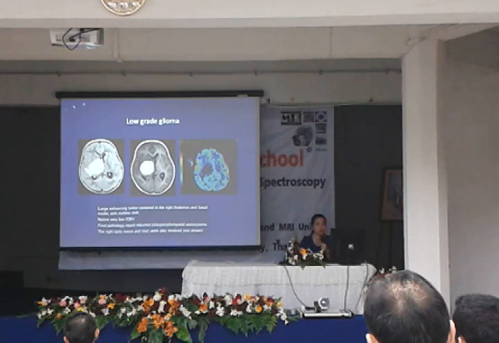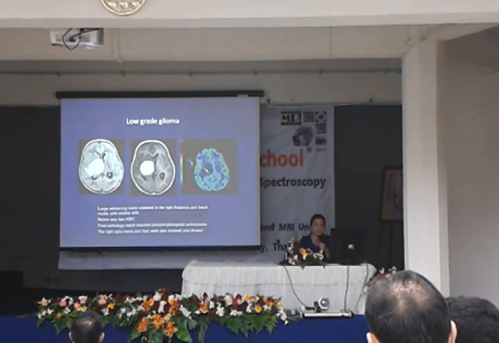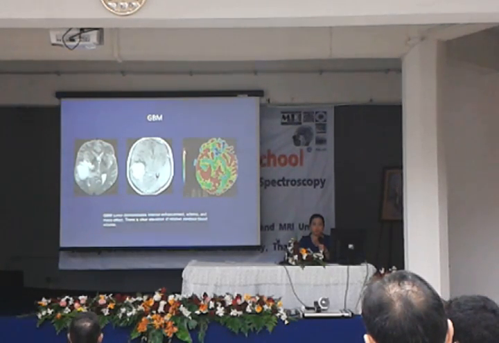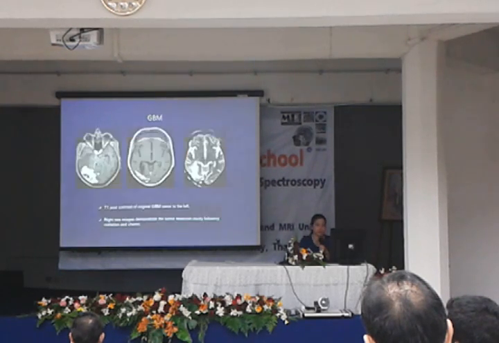For example, in this one, the patient has a mass here, and the perfusion is not high. It's consistent with a low-grade tumor. But this one is different. This one has a mass. On perfusion, we see the area in red color that shows high cerebral blood volume. This one is a very high grade tumor.